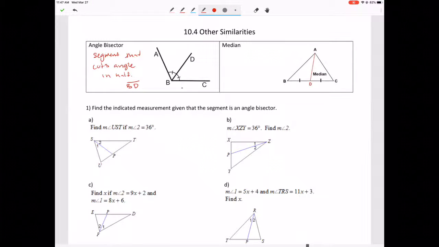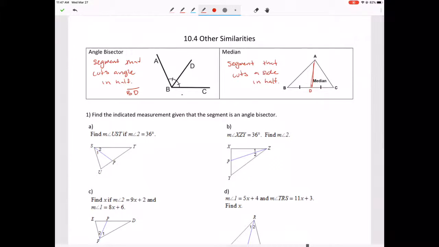Okay, median, if you look at those, it kind of looks similar, but median is a segment that cuts a side in half. Right, so this is the median that cuts this BC into two equal parts.